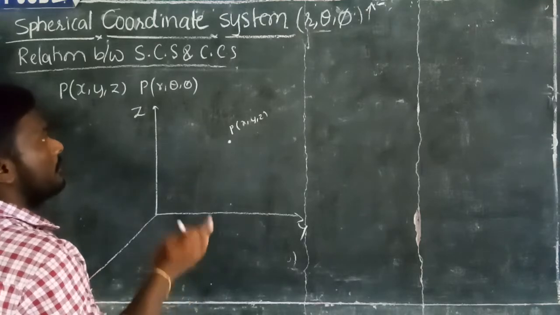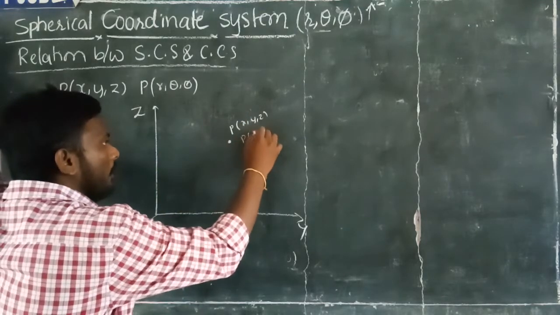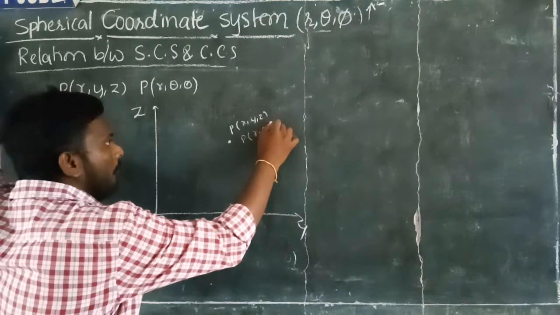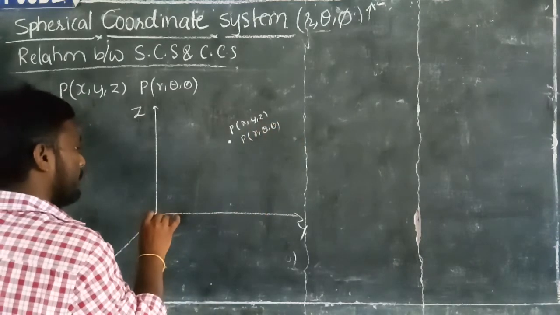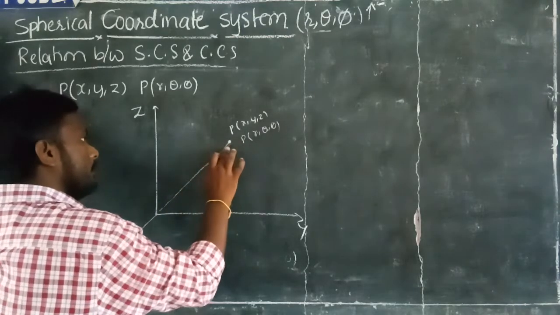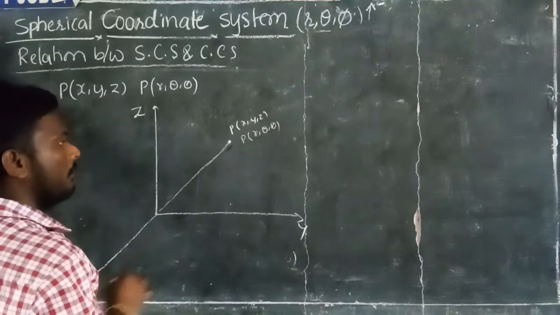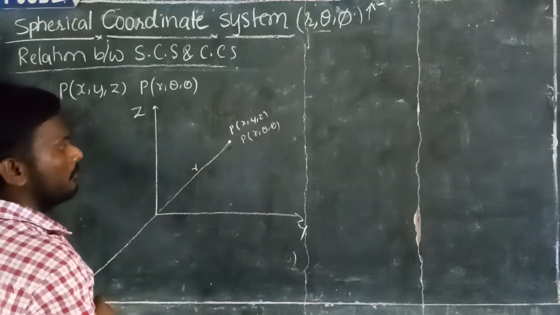So what is the distance between the origin and point P? This is the distance which is r in the spherical coordinate system.